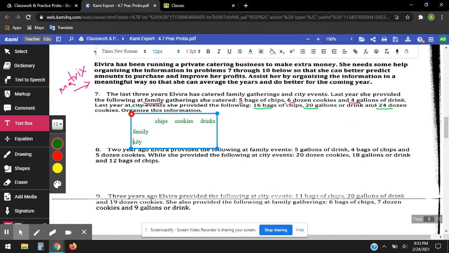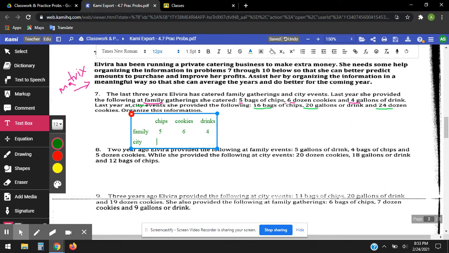So let's go with the family one. The family one had 5 bags of chips and 6 dozen cookies and 4 gallons of drinks. The city one, which makes sense, would be bigger.